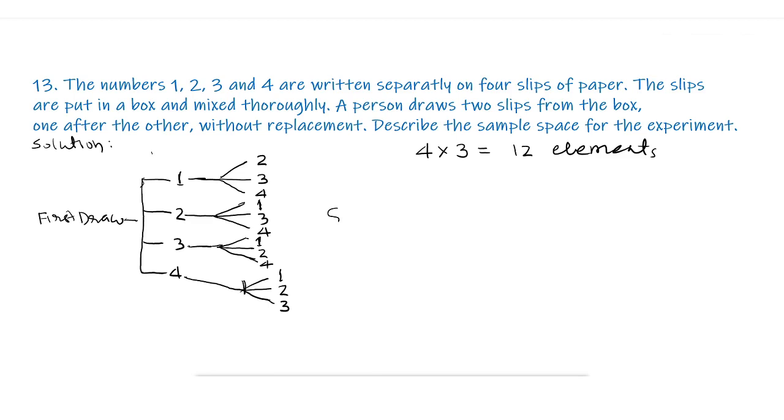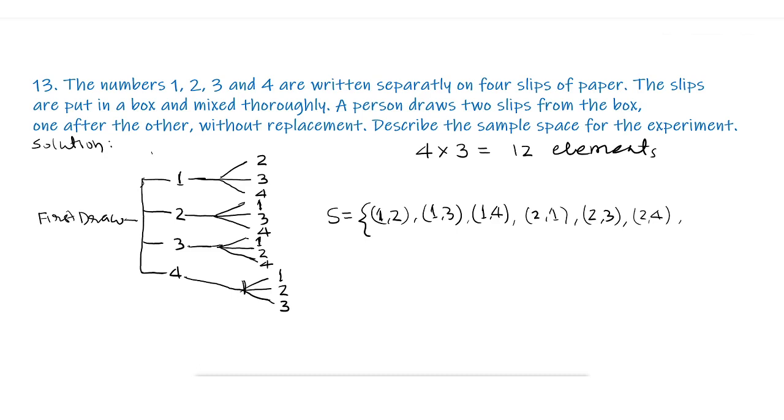Our sample space will be 12, 13, 14. So with slip number 1, in the second draw slip number 2 or 3 or 4 may come. If in the first draw slip number 2 comes, then in the second draw 21, 23 or 24 may come.